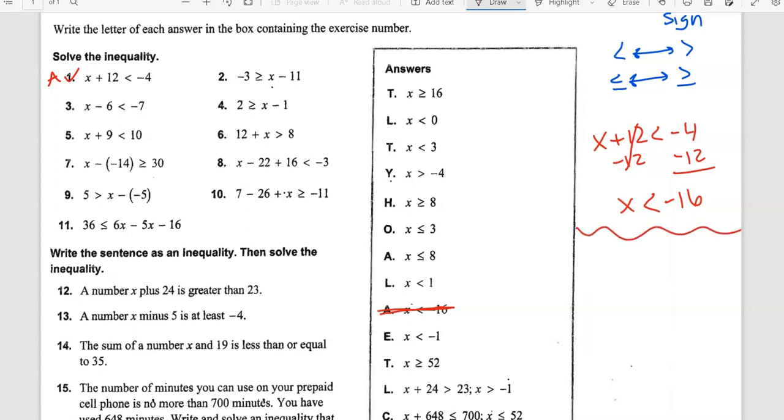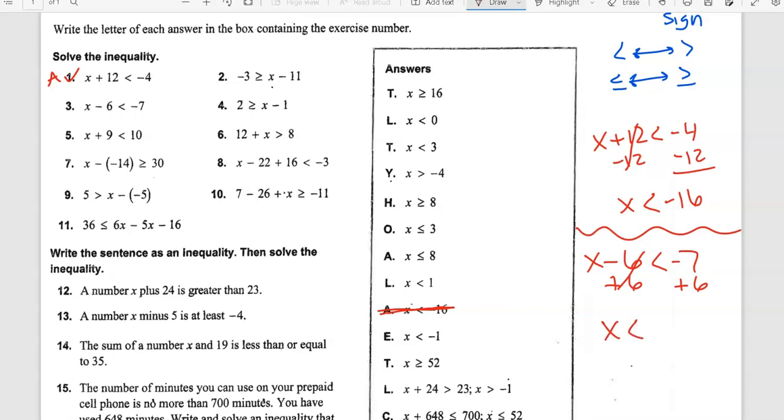All right, number 3. We have x minus 6 is less than -7. Tell me what to do. This time we're going to add 6 over. Good. Is that multiplying or dividing by a negative number? No, it's not. So is my sign going to change? No, it's not. We have x, it is still less than.